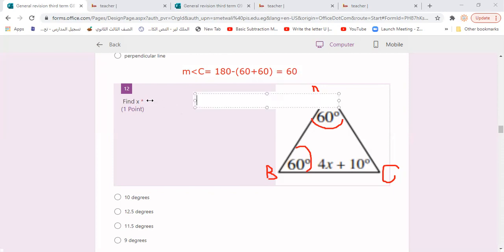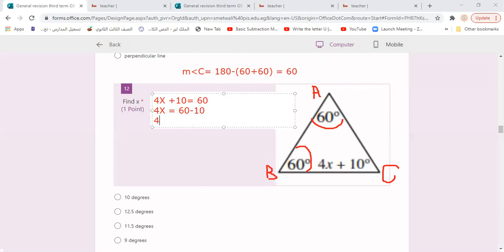Then next, he said that the measure of angle C equals 4x plus 10. 4x plus 10 should be equal to 60. It becomes a normal equation. We keep 4x equal to 60, and I will transfer 10 to the opposite side, so it will be minus 10.